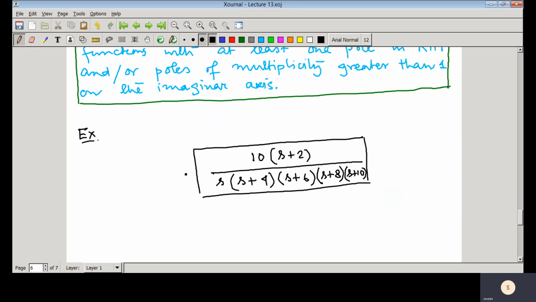This is an open loop system, and you can see that the system has poles at the origin, then at -4, -6, -8, and -10. They are all in the left half of the S plane, with one pole at the origin. So from the zero input response point of view, you can say that this is marginally stable because one pole is at the origin.